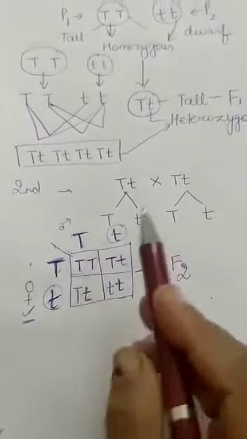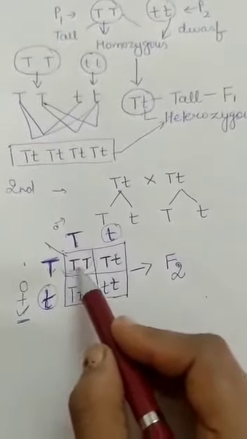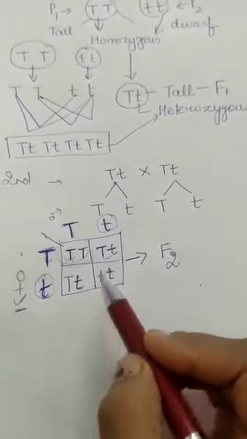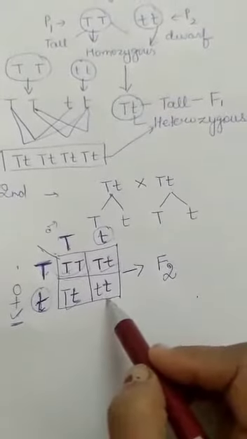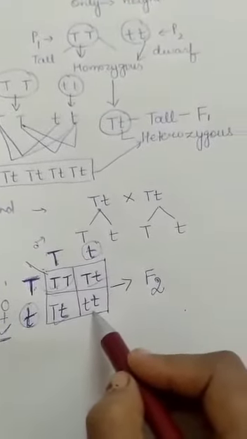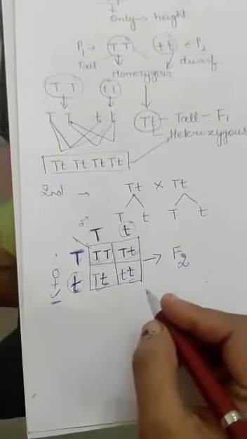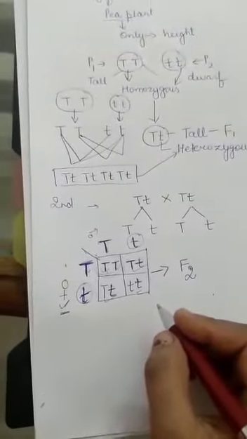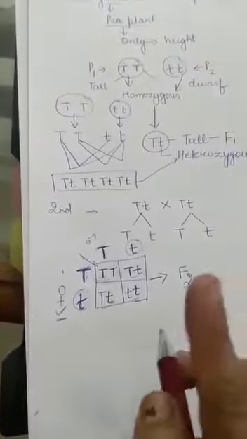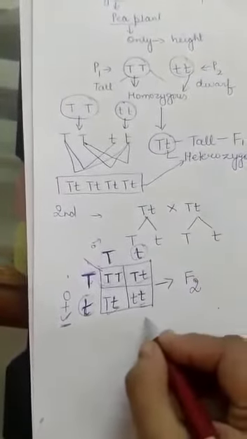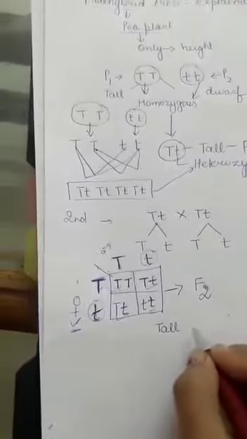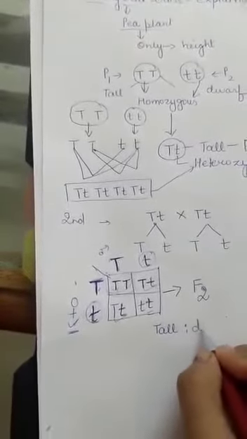So here the genetic makeup is pure tall, heterozygous tall and pure dwarf. So you can say that in the F2 generation, Mendel obtained two types of plant. One were tall and the other were dwarf.